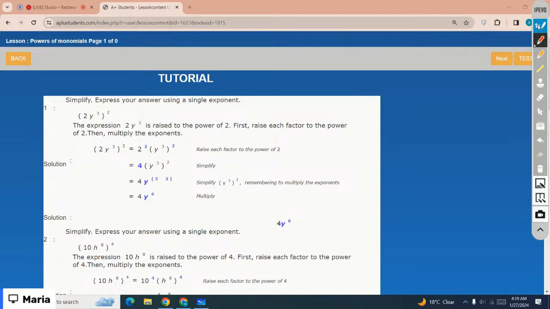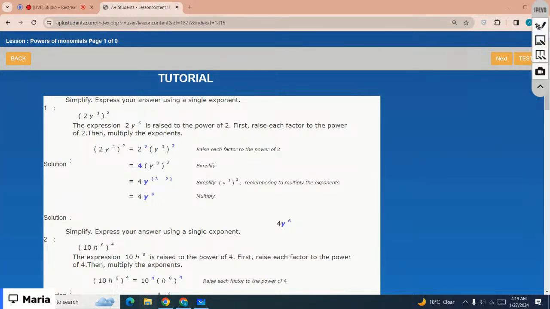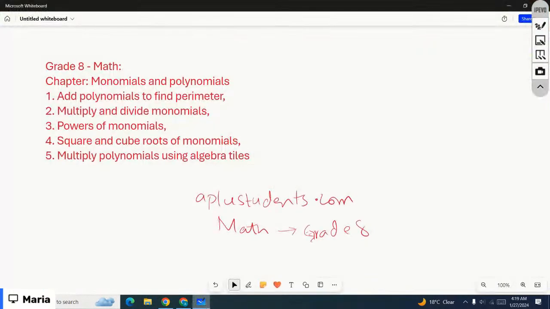The question you are given is 2y cube whole square.